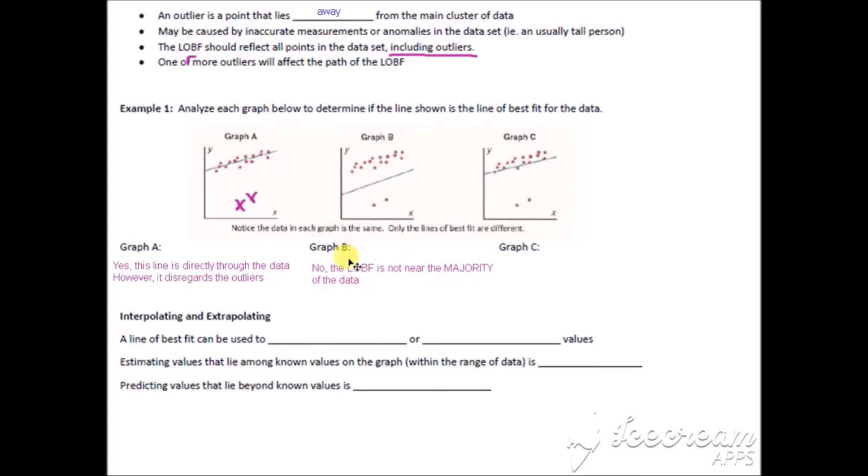You have to be near and going through the majority of the data. Also, the same number of data points are not on either side of the line of best fit.